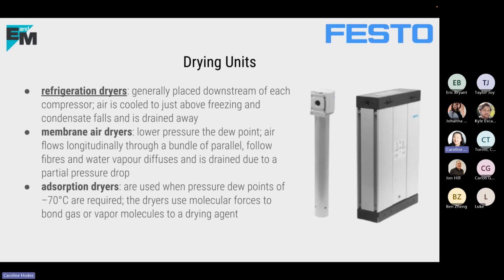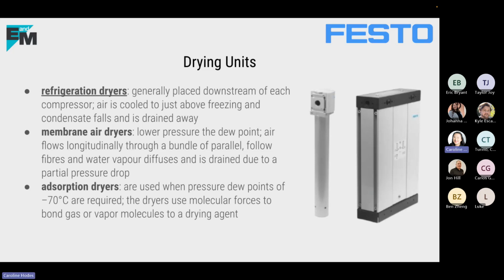Next, going into those drying units, there are three different types of drying units that are offered: refrigeration dryers, membrane air dryers, and absorption dryers. So those refrigeration dryers are placed downstream of the compressor, and the air is cooled to just above freezing in a cooling unit, and then the condensate falls and is drained away.